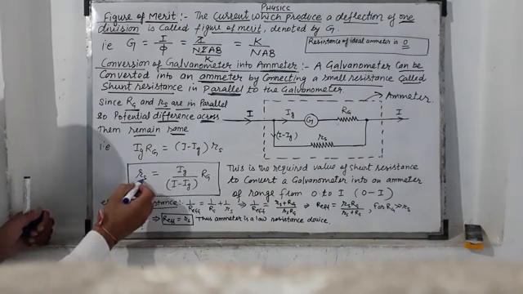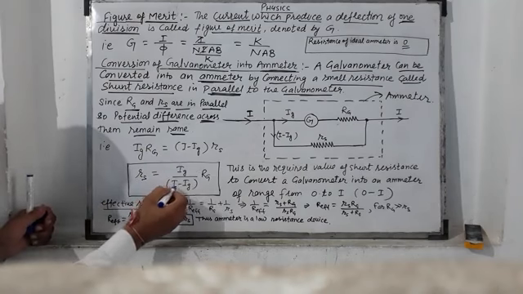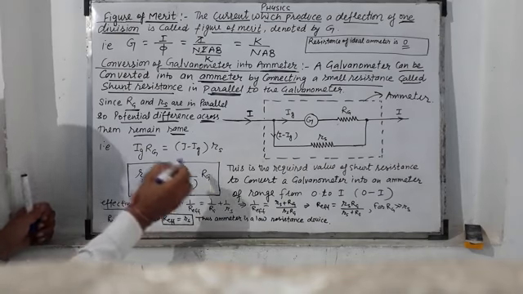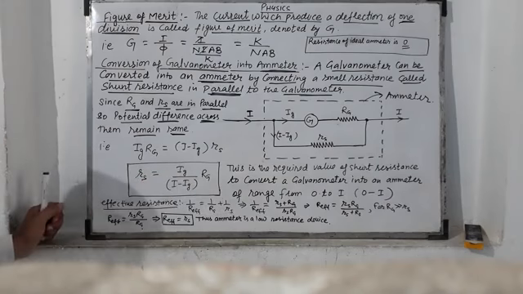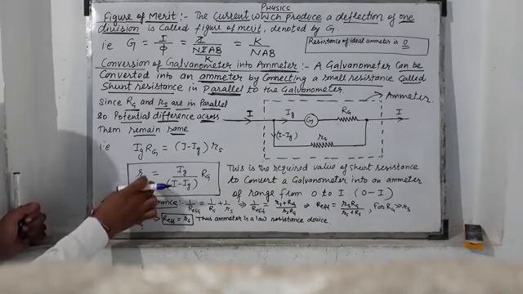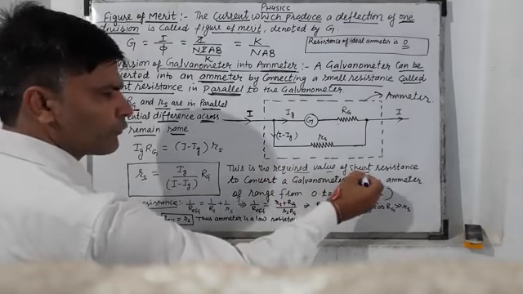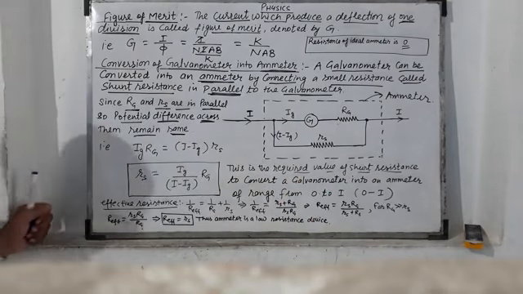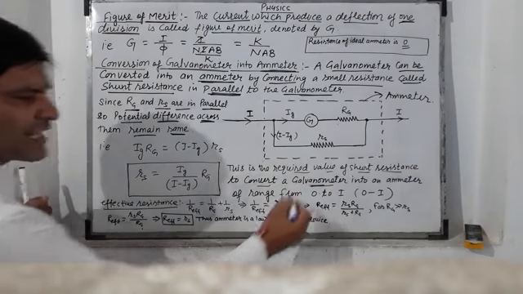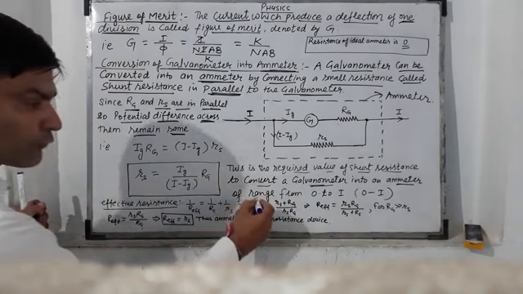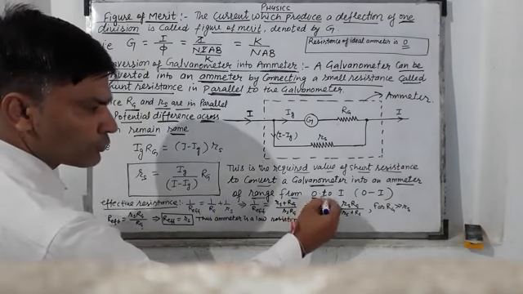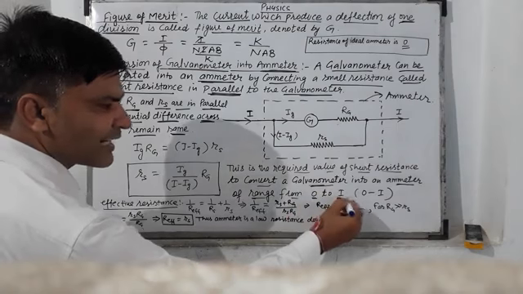Then we get RS is equal to IG upon I minus IG into RG. This is the required value of shunt resistance to convert a galvanometer into an ammeter of range 0 to I.